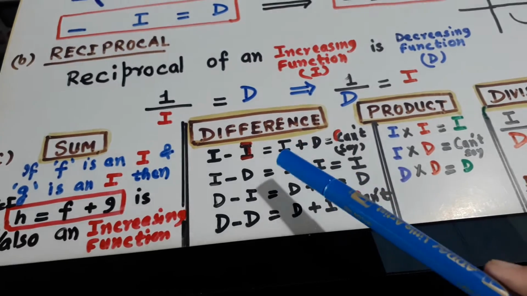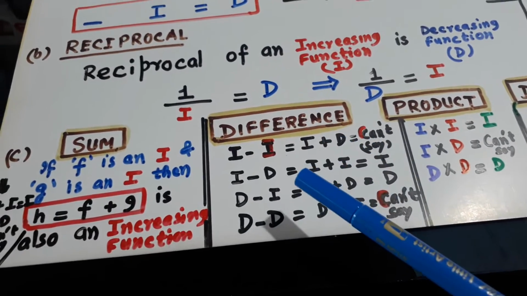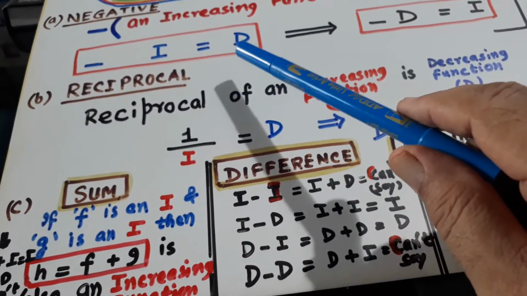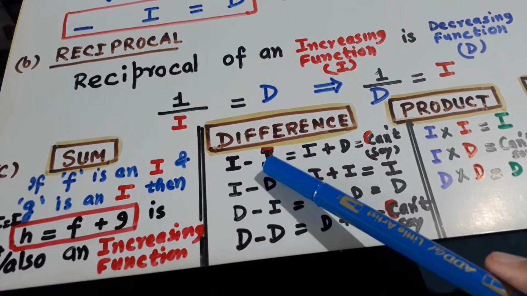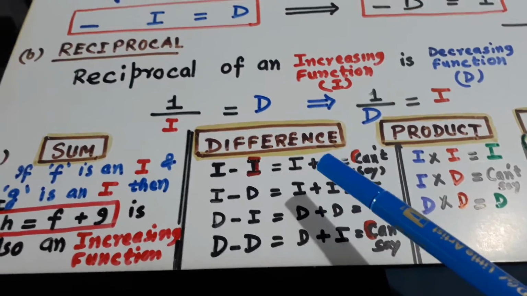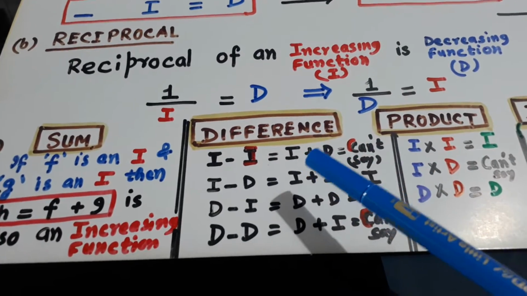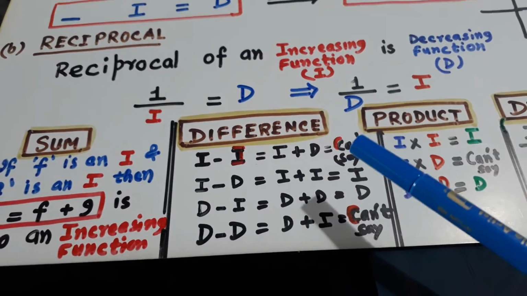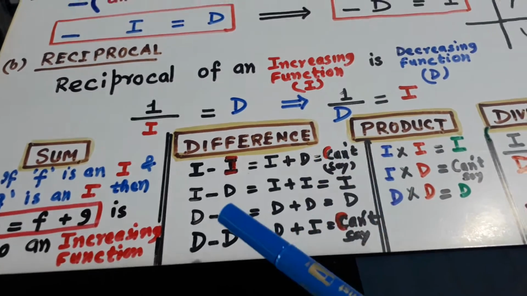So how has it become I plus D? Minus I is plus D. So in place of minus I, you put plus D. So I minus I will be converted into I plus D. It is increasing as well as decreasing. We can't say it is increasing or decreasing.